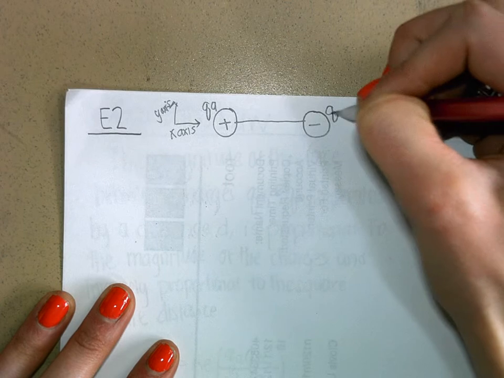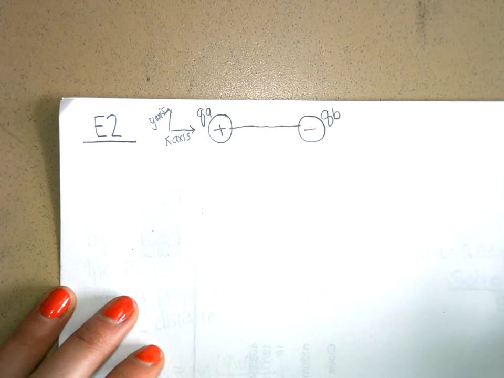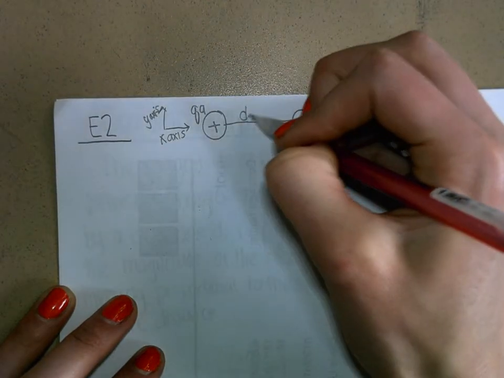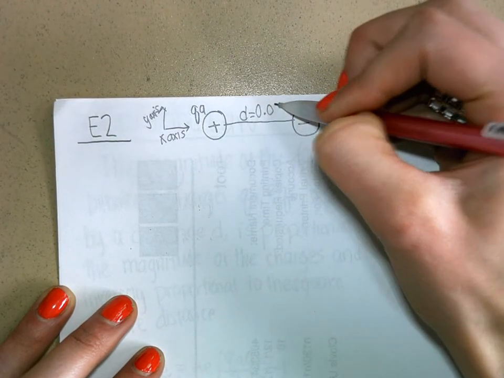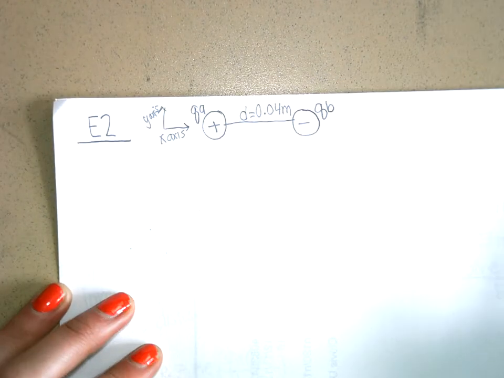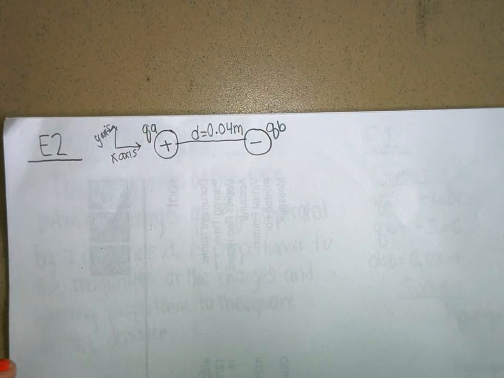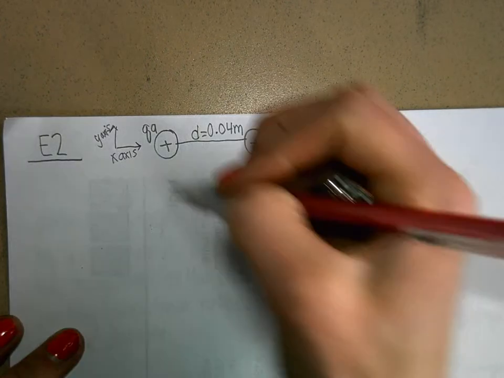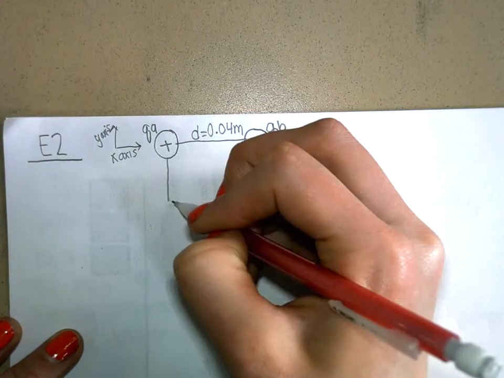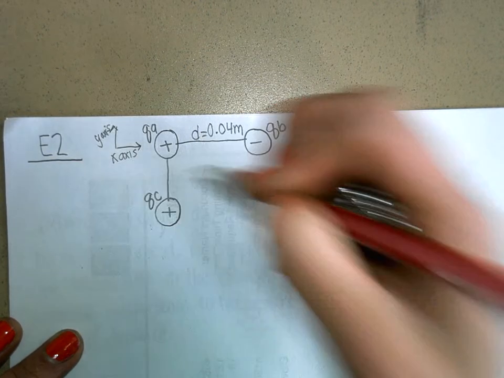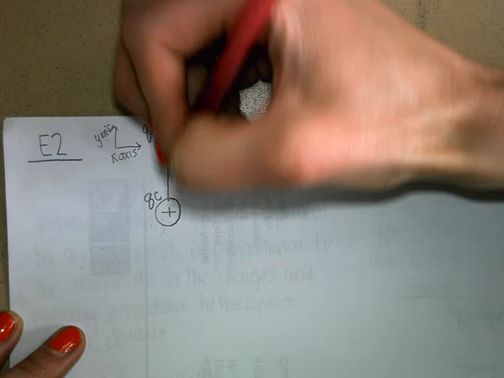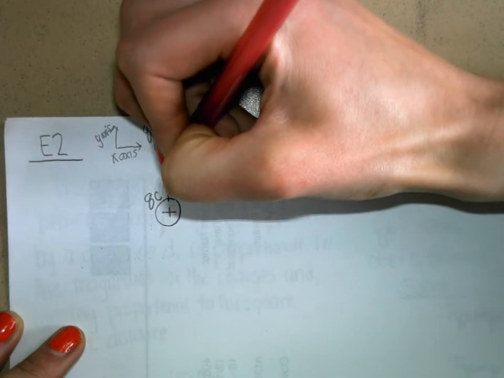I'm going to label this charge B, and that's negative. The distance between them, I'm going to convert to meters. It's 0.04 meters away. And located 3 centimeters directly underneath is a 1.5 microcoulomb sphere. This is also positive. This is going to be my charge C, and the distance is 0.03 meters away.